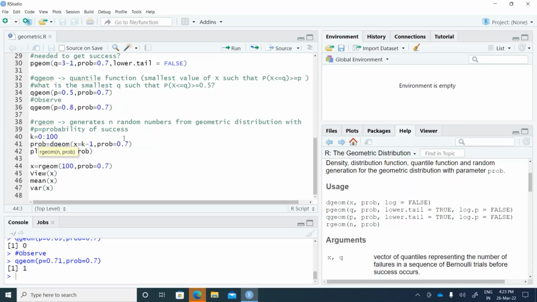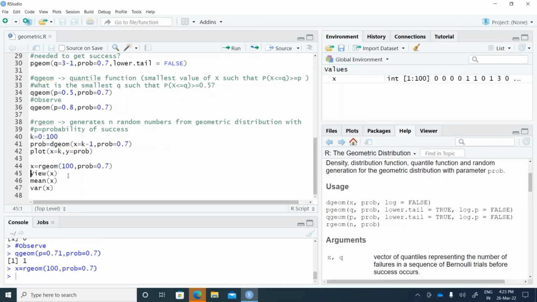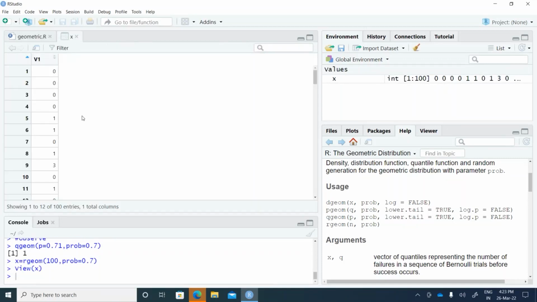Suppose I'm trying to get 100 random numbers from a geometric distribution. Run the command. Let us view how that data looks. It has generated some random numbers, 1, 2, 3, whatever. It has generated 100 odd numbers.